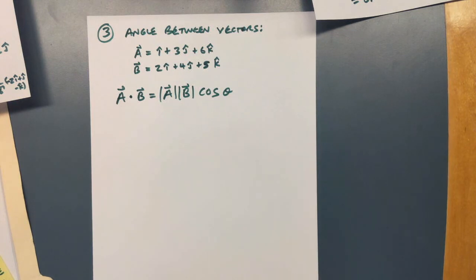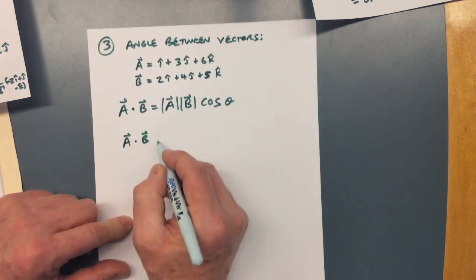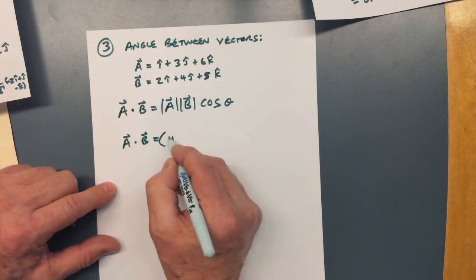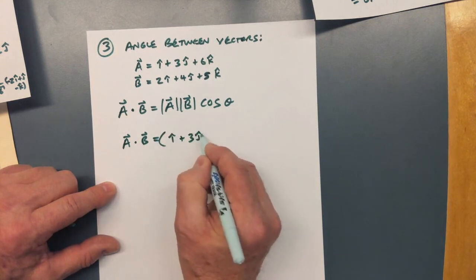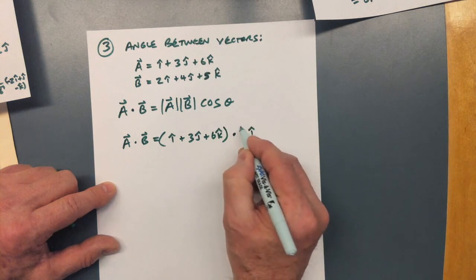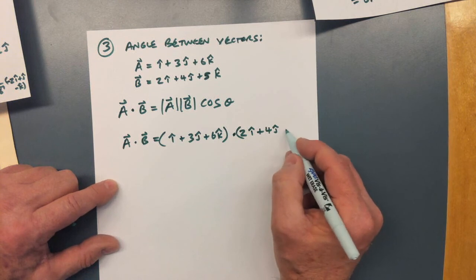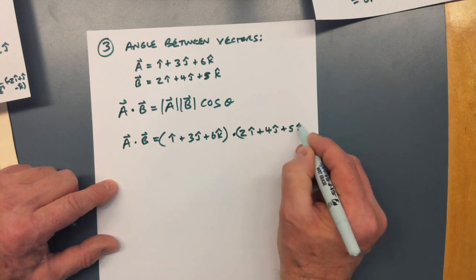So we need the magnitudes and the dot product. And the dot product is easier than the cross product. We just multiply together the common components, and it's a scalar. It has no direction.